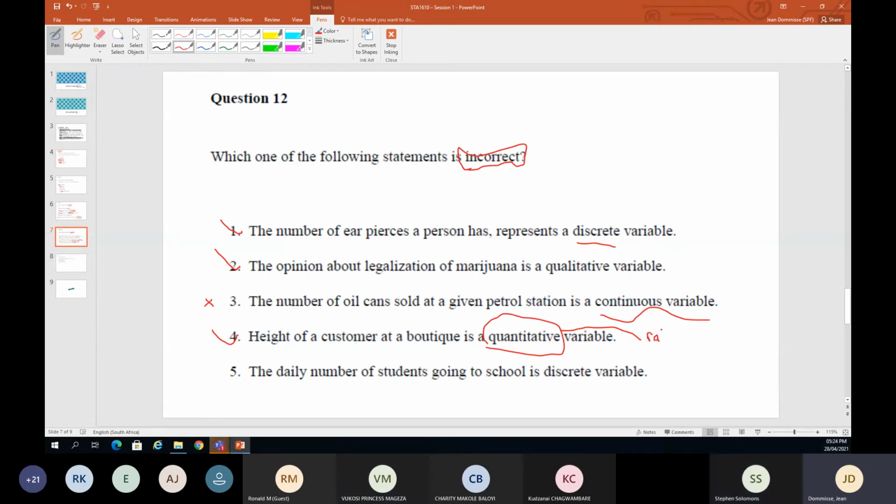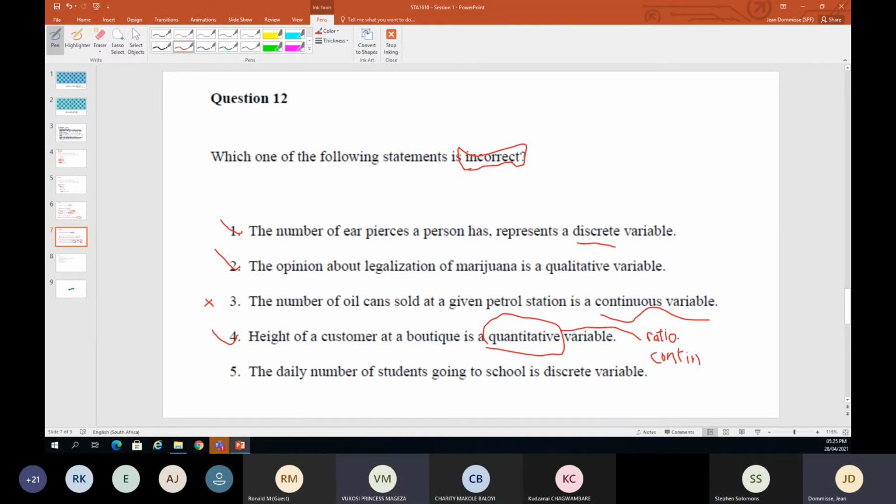Anybody else? I will say it's continuous because we're talking about measurement. Okay, continuous. Okay, Charity, what are you saying? I'm also saying it's continuous. Okay, anybody else?